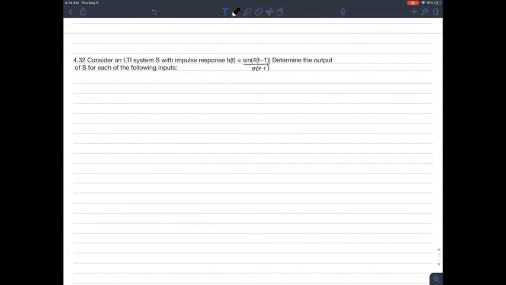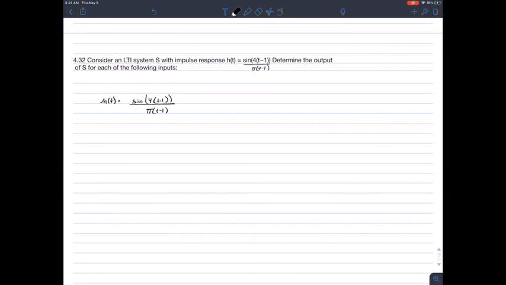Okay, so first, the Fourier transform, I'm going to rewrite h of t. So h of t is equal to sine 4t minus 1, all divided by pi t minus 1. Alright, so what you're going to need is your sheet here, okay?